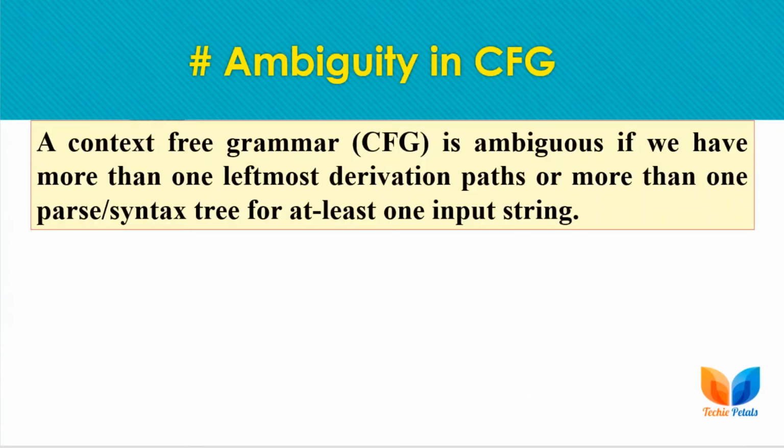So let's start with the ambiguity concept. What is ambiguity? Every context-free grammar has production rules of the type alpha can be rewritten as beta, where alpha is a string of non-terminals and beta is a string of terminals and non-terminals, where V represents the total symbols of the grammar.